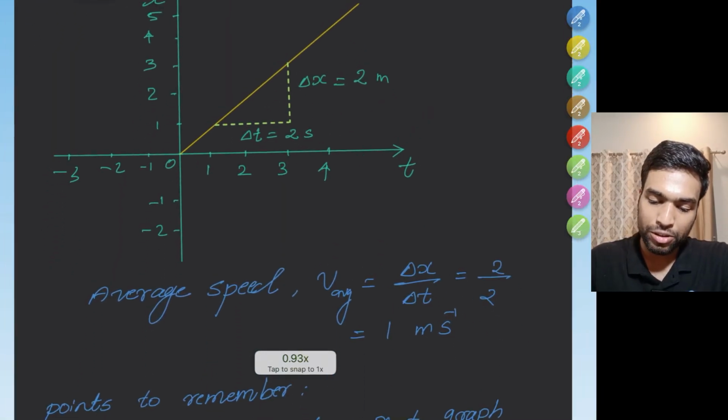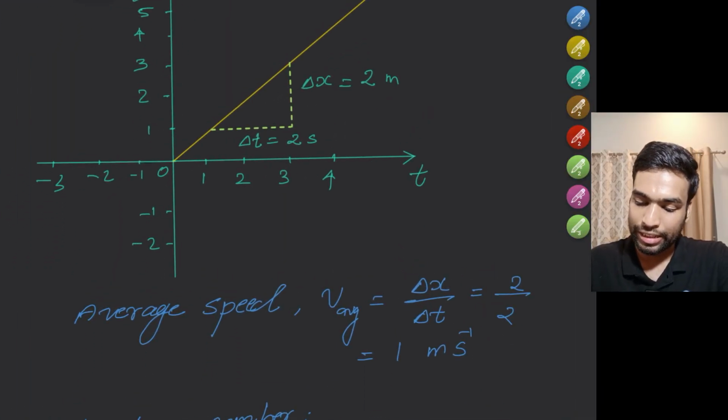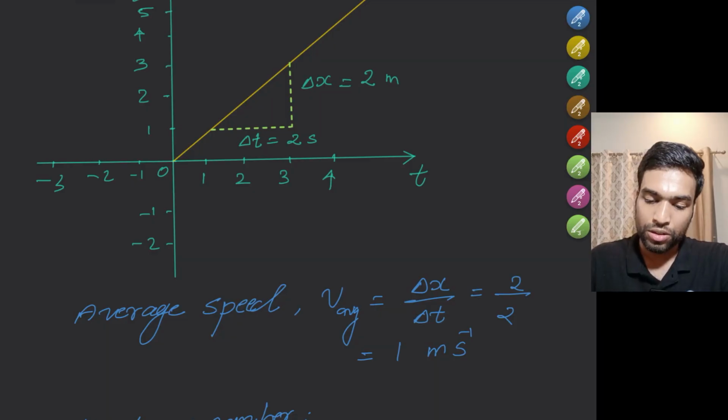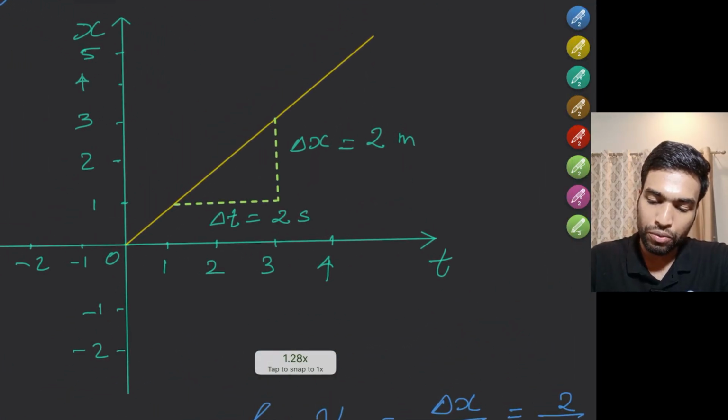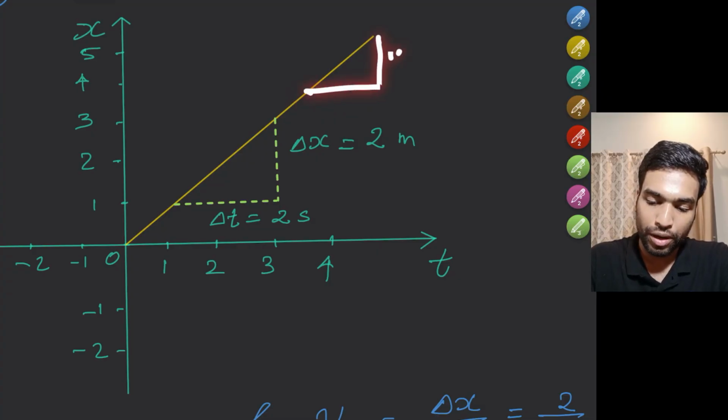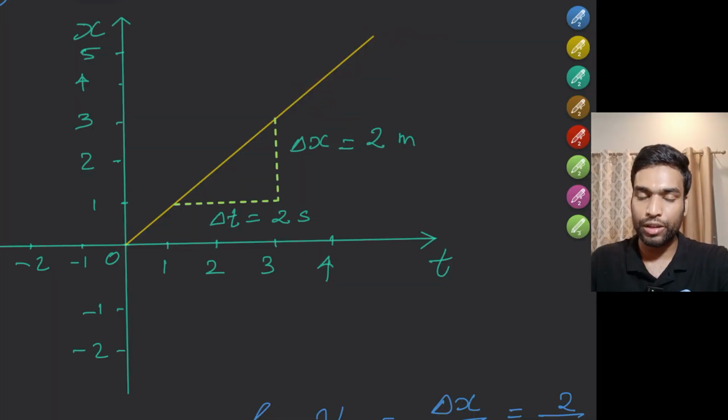Therefore, average speed is delta x divided by delta t, equal to 2 divided by 2, which is 1 meter per second. If you find the same slope here, you will also get the same answer. Maybe this is like 1.5, but here it will be 1.5, so the ratio will again be 1.